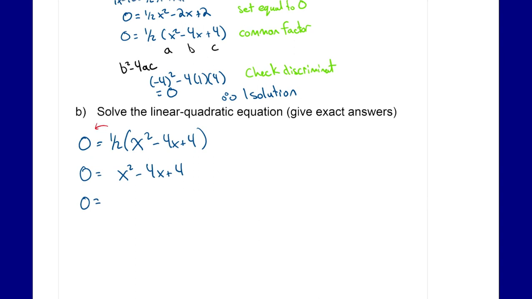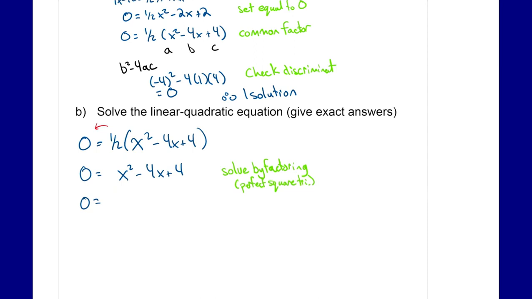So looking at this, I could plug these values into the quadratic formula and find the x-intercepts, but it's a lot quicker in this case. I can solve by factoring, because looking at it, it's a perfect square trinomial.